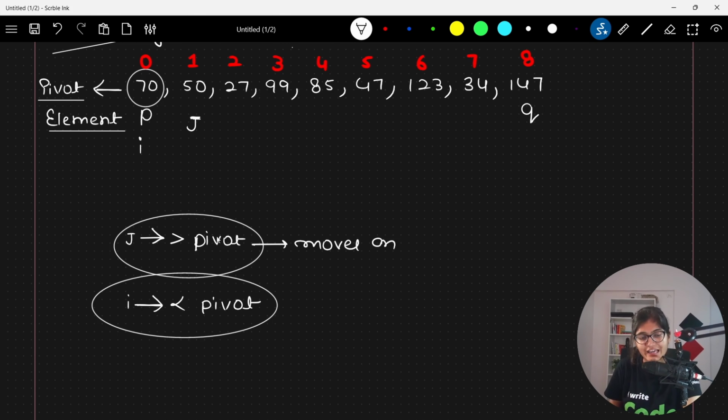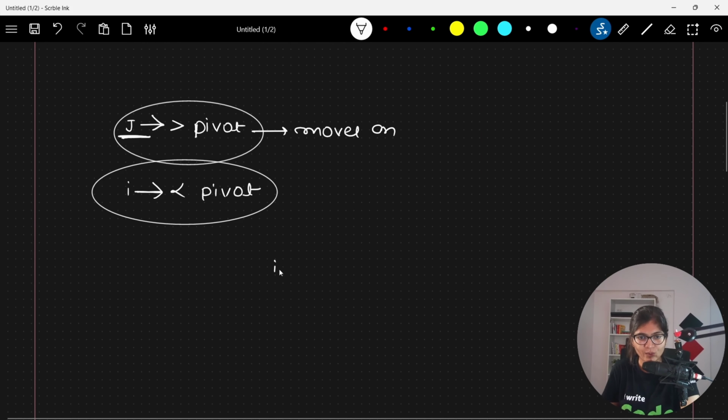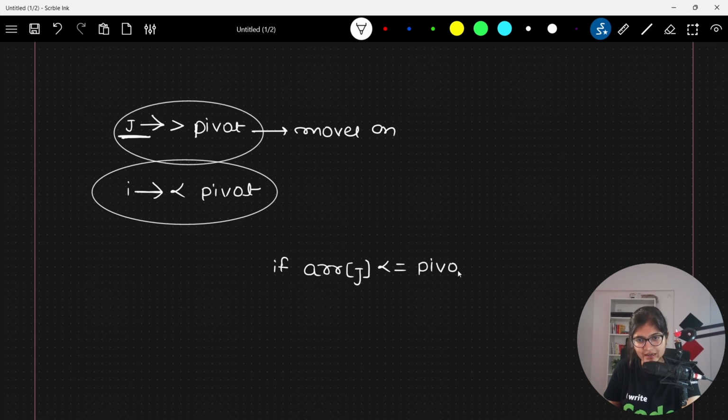Now, if suppose J gets some value which is less than or equal to the pivot, at that point of time, two things will happen.